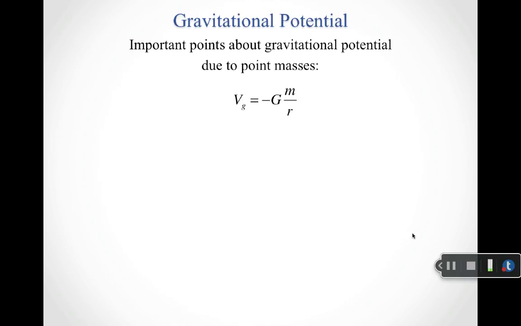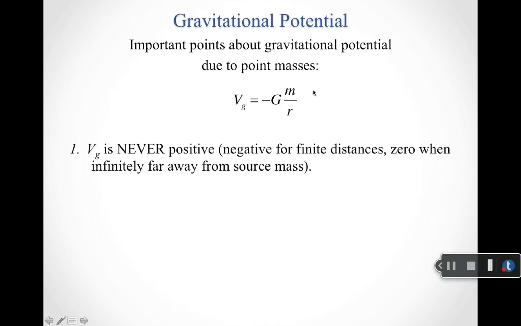Important points about the gravitational potential due to point masses. This is valid for point masses or anything that we can treat as a point mass. It's never positive. It's 0 if you're infinitely far away, and it's negative if you're not.